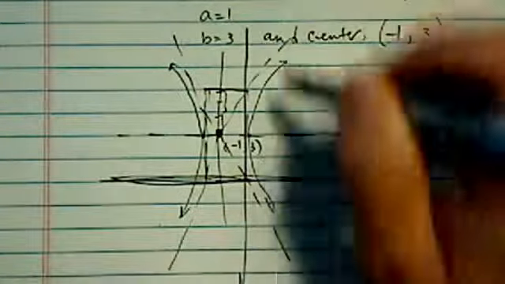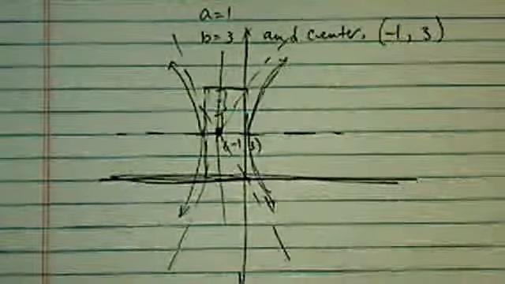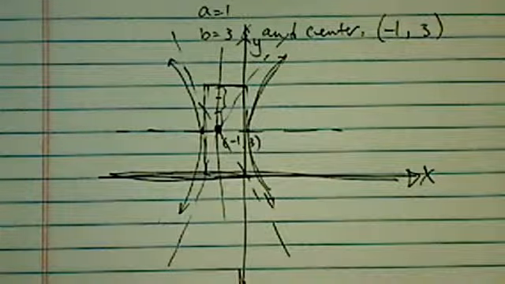I'll show you what the computer-generated graph is. So here's the curve. Here's the x-axis. Here's the y-axis. All right, here's the graph.